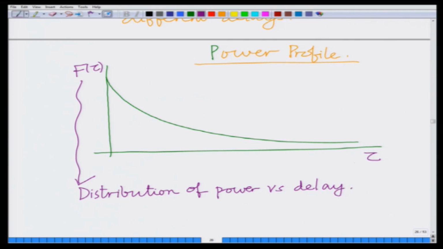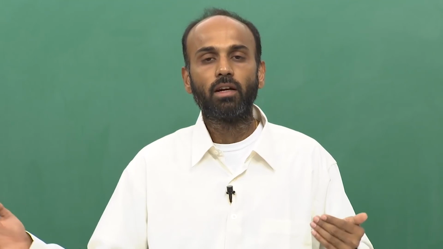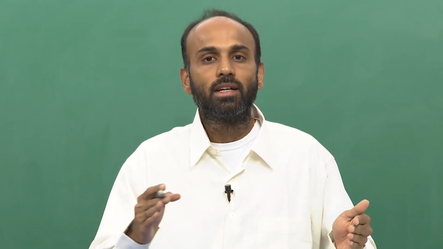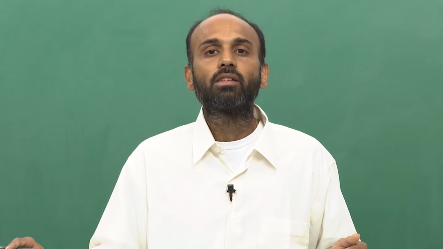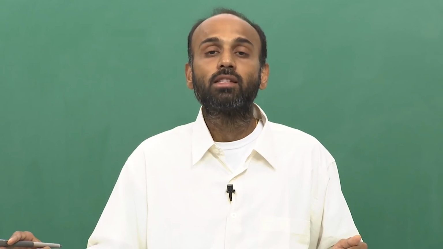The power in these multiple signal components is arriving with different delays. If I look at the power profile of the wireless channel, it gives the distribution of the power of the multipath wireless channel as a function of the delay. This is known as the multipath power profile.